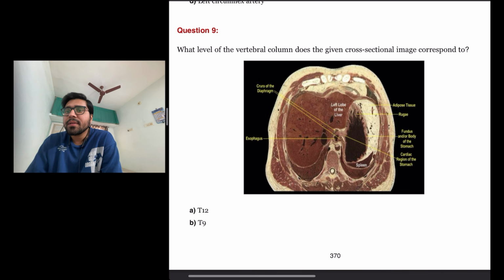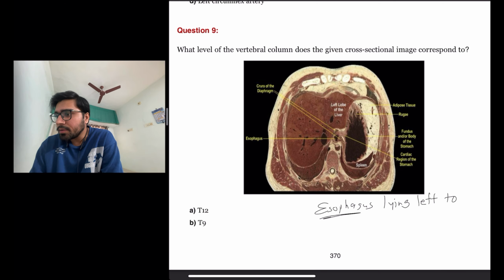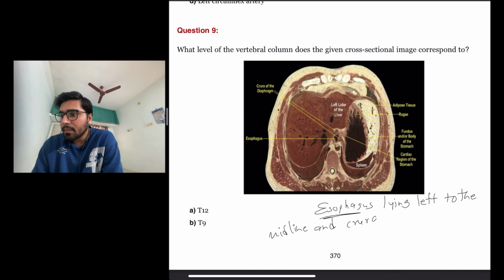The next question is what level of vertebral column does the given cross-sectional image correspond to? In this cross-sectional image, esophagus is lying left to the midline and crura surrounds that.